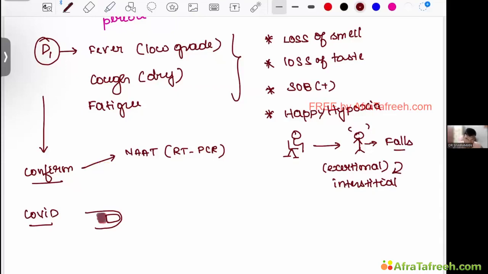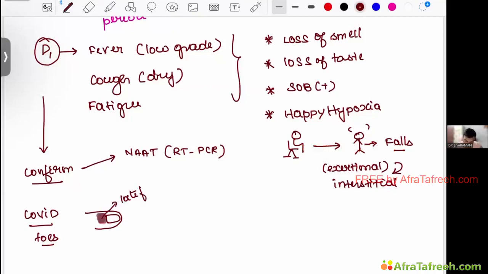This is because of microemboli reaching the small vessels. This is actually a late feature in COVID. This is called COVID toe.